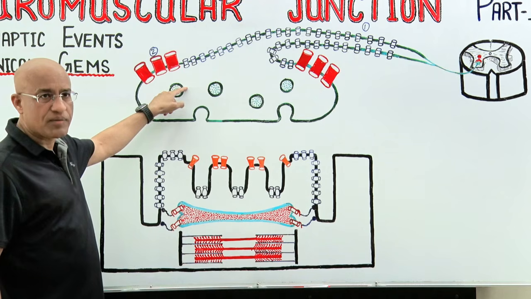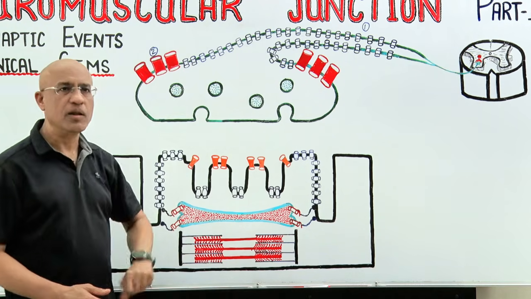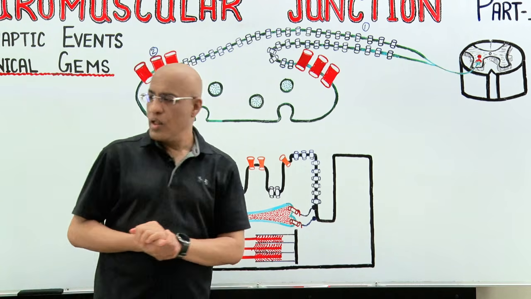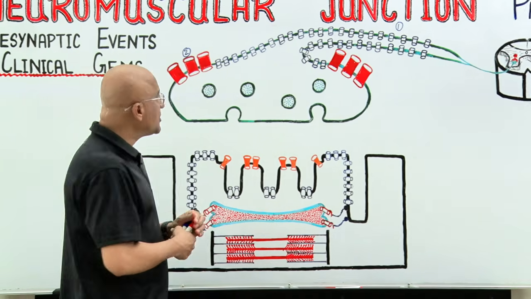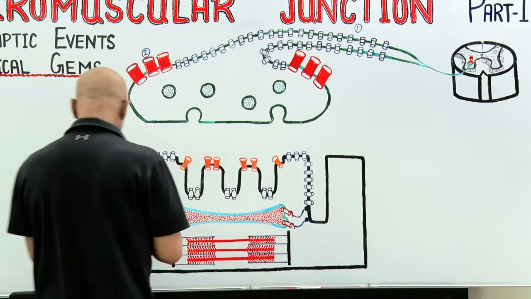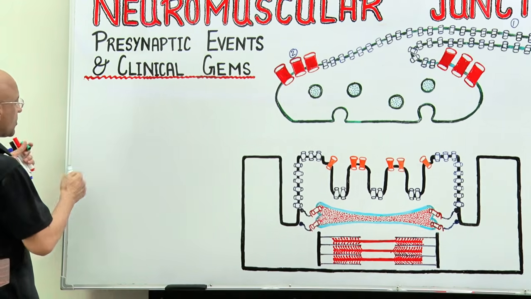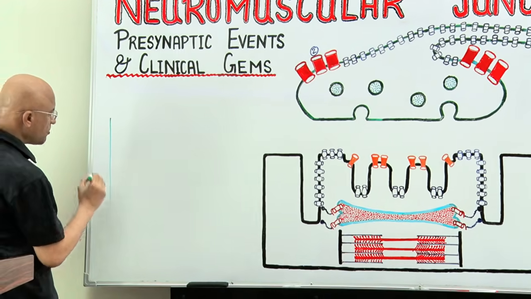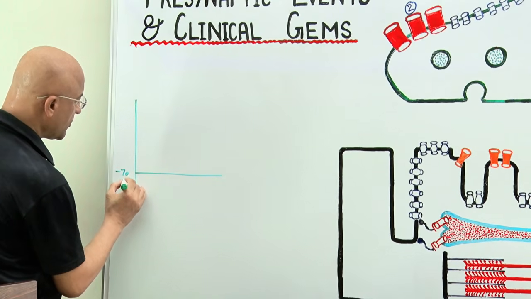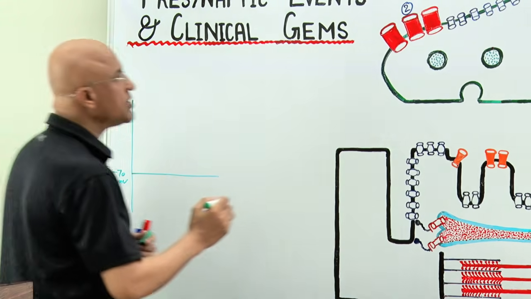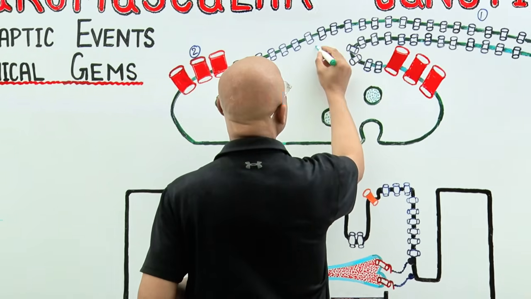Now, let's start with, first of all, the arrival of depolarization, the arrival of the action potential. Now, what is an action potential? In very simple terms, the action potential is basically made of two components. For example, the nerve membrane has a resting membrane potential of minus 70 millivolts. What does it mean? It means the interior of the nerve is negative.